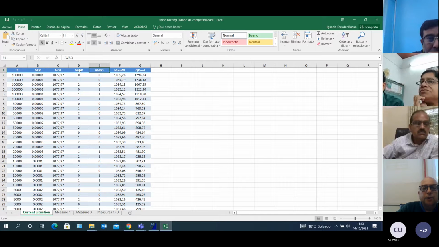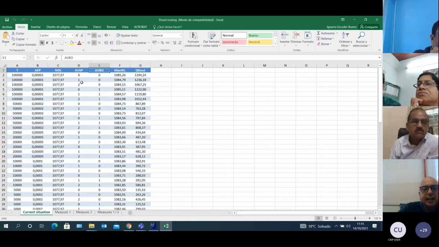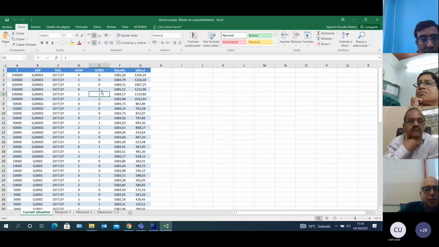But you have these other two columns, which is availability of a spillway, ABSP, all capital letters, and availability of bottom outlet, which is AVBO, all capital letters. And these are selectors because you see it's 00, 10, or 20, 01 or 11.